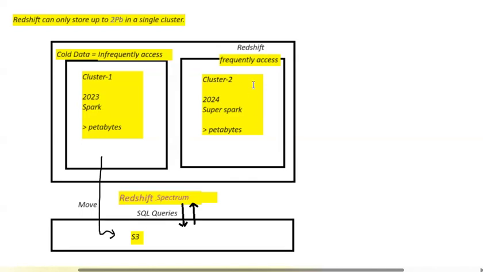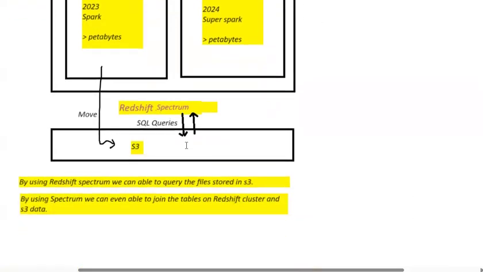Since the data present on our cluster is frequently accessed, can we call it hot data? Yes, we can call it hot data because we are accessing that data very frequently. Now, by using this Spectrum, we can even join our hot data with whatever data is present under S3.